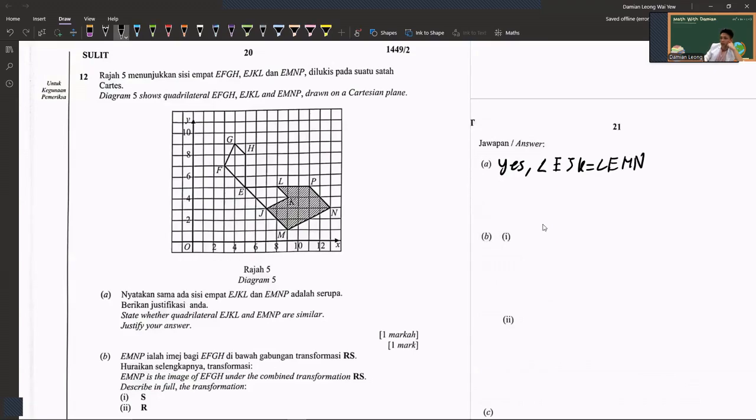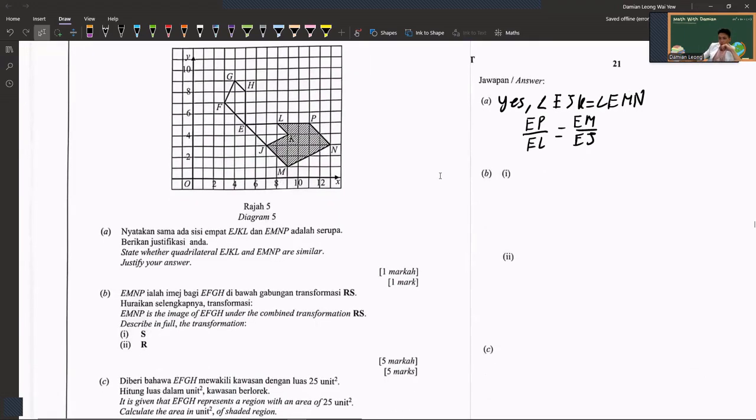Then I can say the ratio of the length is the same. So EP over EL equals EM over EJ. Yeah, that will do. The ratio of the length remains constant.